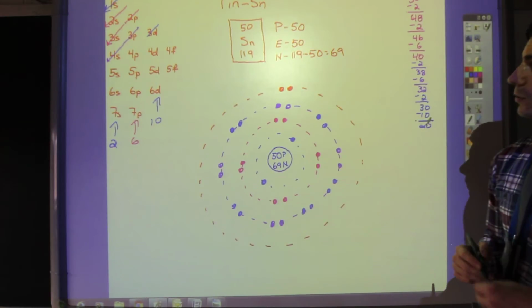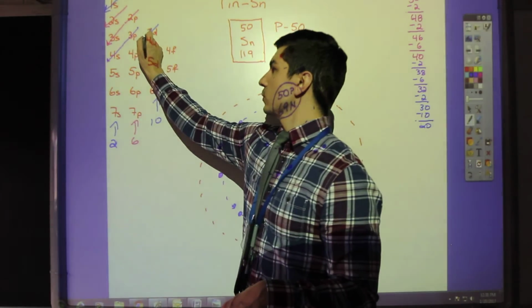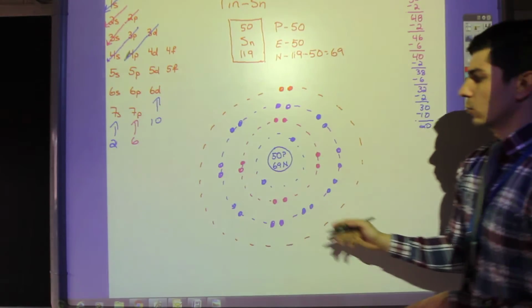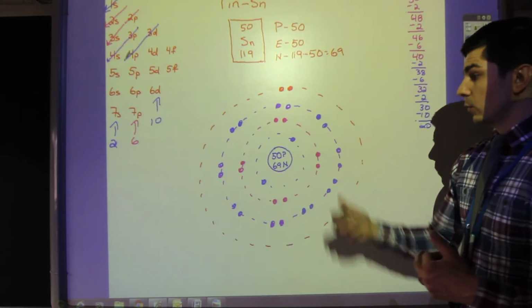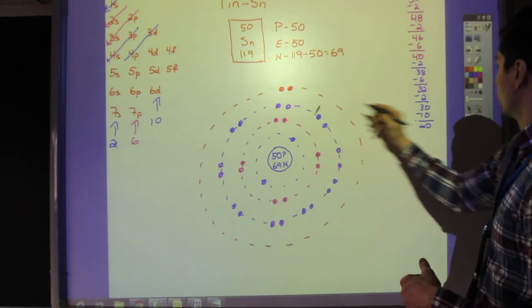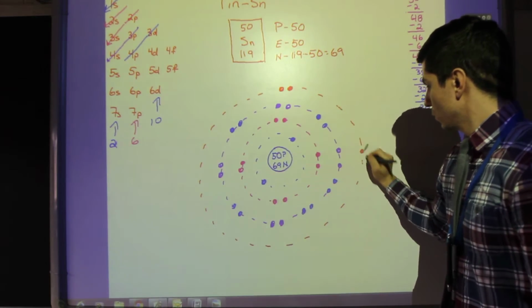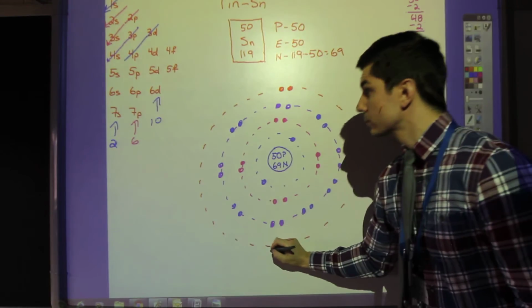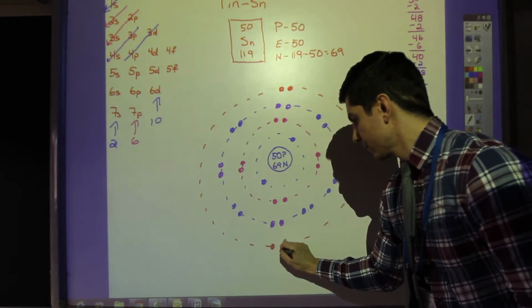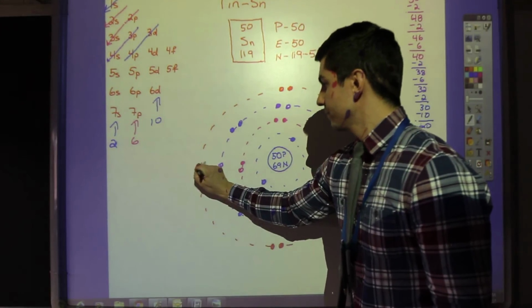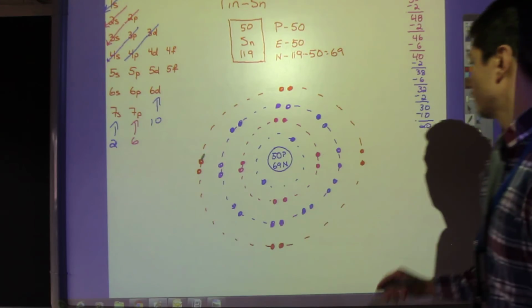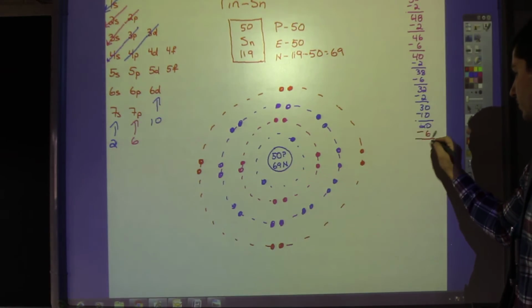So after the 3d, my next one is 4p. So once again, it's a 4. We want to go to the 1, 2, 3, 4th shell, 4th energy level. 1, 2, 3, 4, 5, 6 for a p. I'm going to subtract my 6.